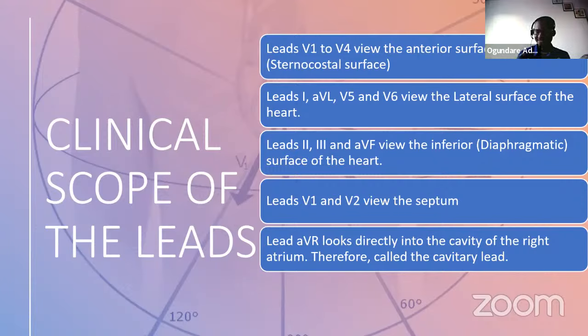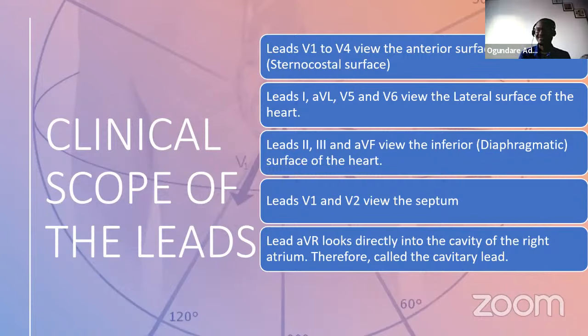So AVR is the one showing us the activity in the right atrium, the one that looks directly into the cavity of the right atrium, and by implication, this is why AVR in a normal ECG is always negative.